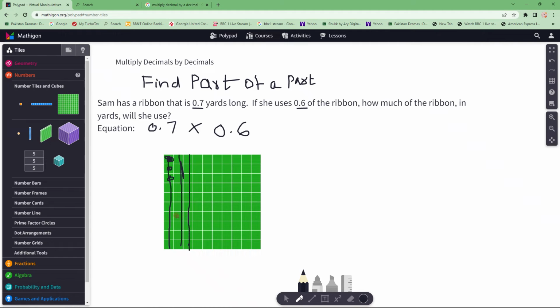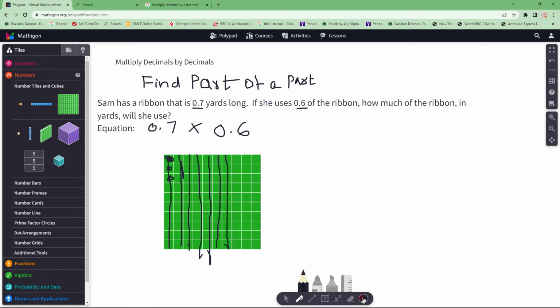So I'm shading in 7. This is 3/10, and this is 4/10, and I have 5/10, then I have 6/10, and 7/10, right? Now, I'm not using all of the 7/10, but I'm trying to find out how much is 6/10 of the 7/10.